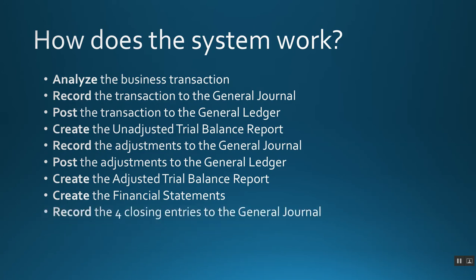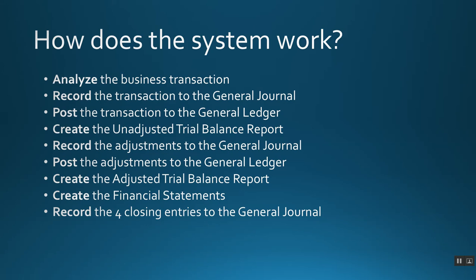We record the four closing entries to our general journal. So now that we have faithfully represented our financial statements and they're supposed to be free of errors, we can close out our temporary accounts so that we can start all over again in the new year, the new quarter, or the new month.